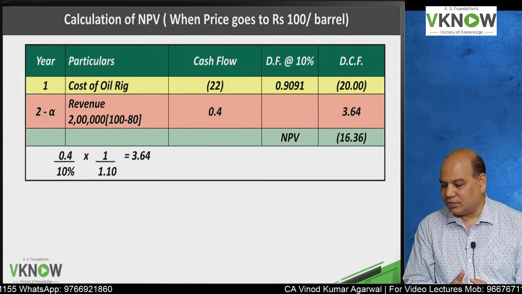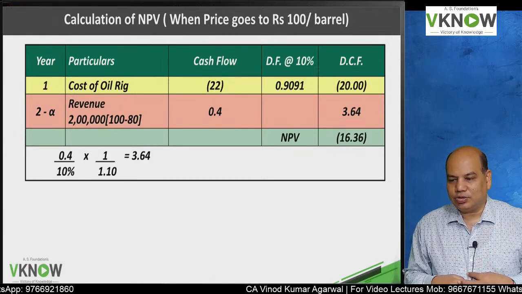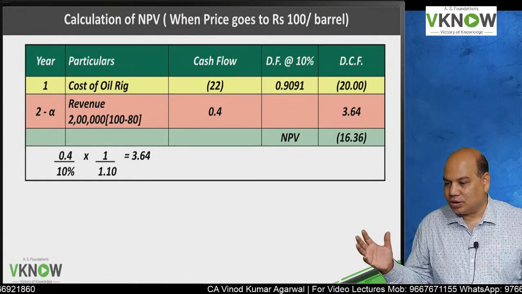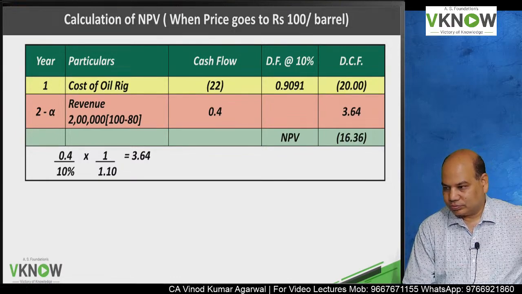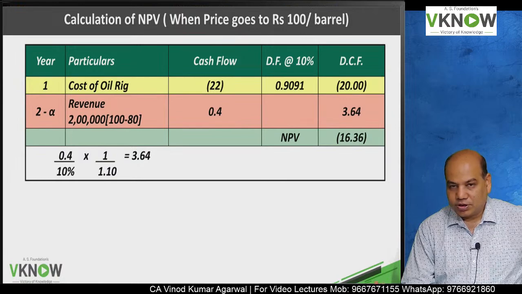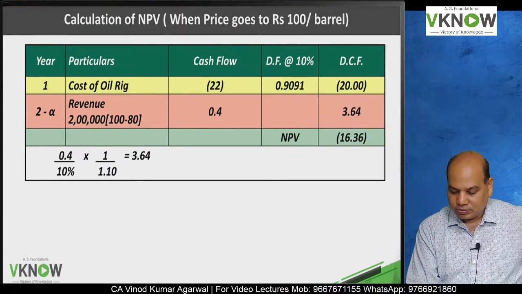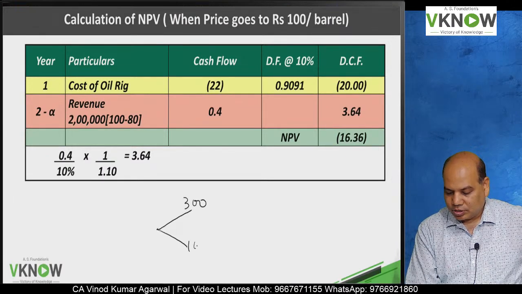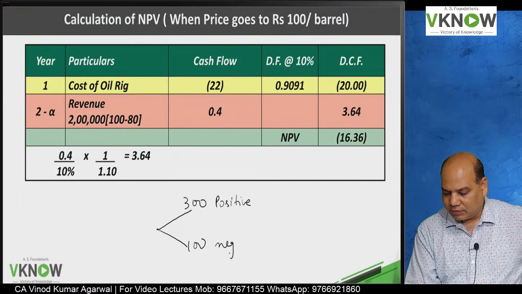One student is saying 1.82. Other answer? Anybody else who wants to contribute to this wonderful discussion? 1.82. First tell me, after 1 year, the price is 300 or 100, NPV will be positive here, NPV will be negative here.